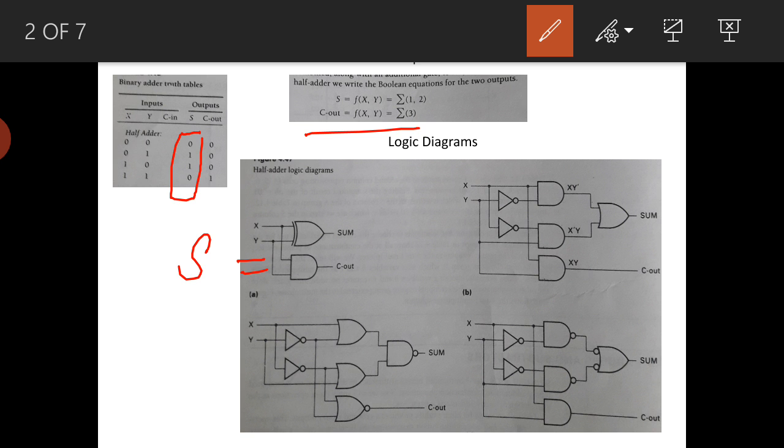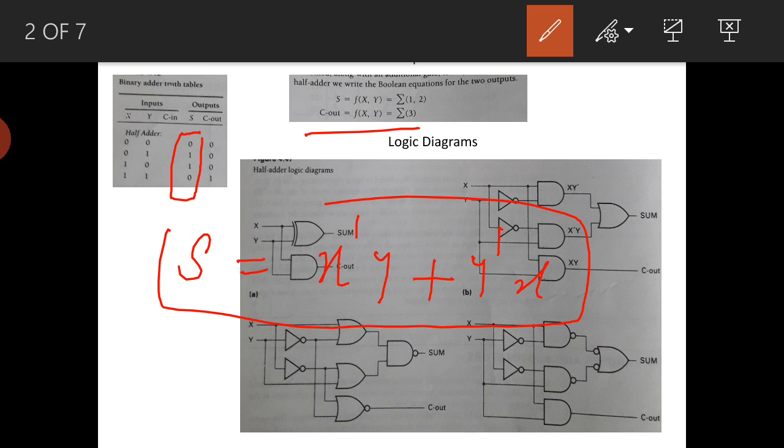For sum, it is 1 in 2 cases, so sum of products. For the 0 1 combination, x bar y, plus x y bar. So s is equal to x bar y plus y bar x. For the carry out, it is only one case here, that is x dot y.